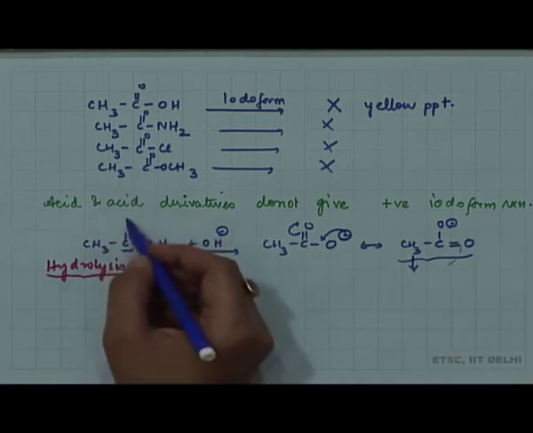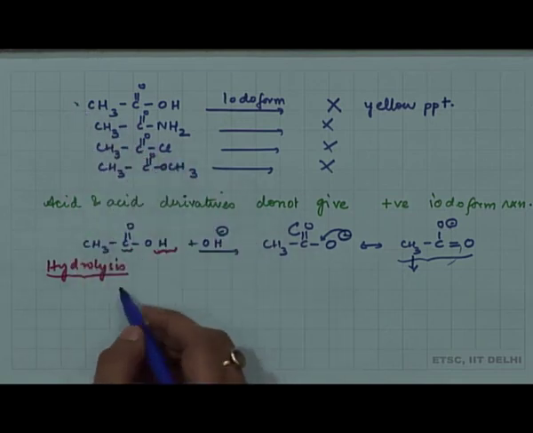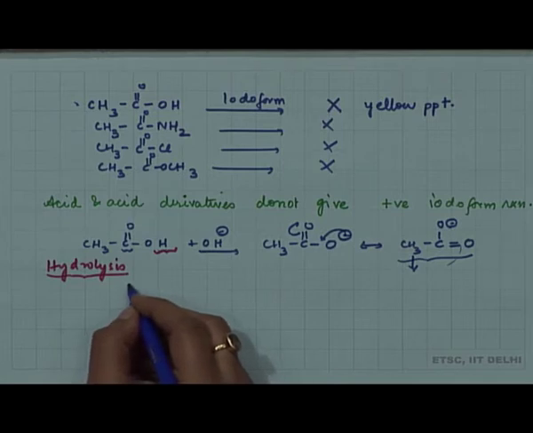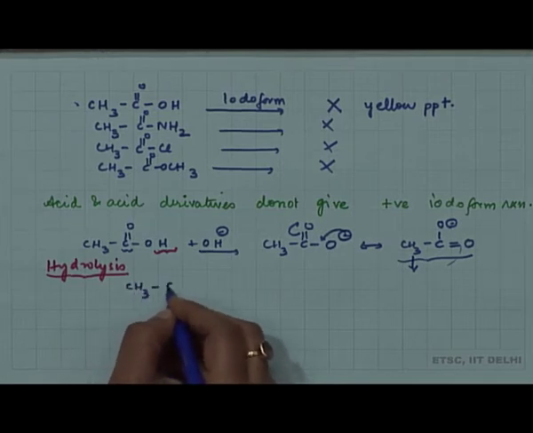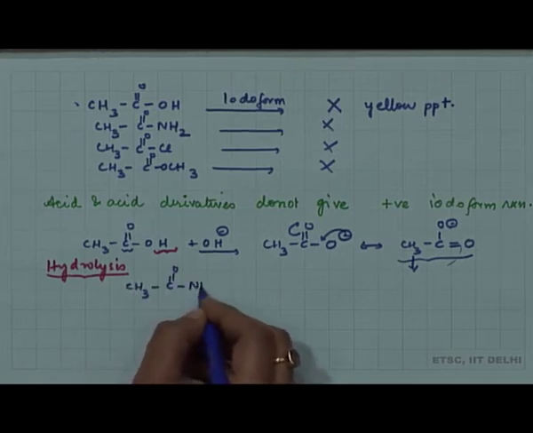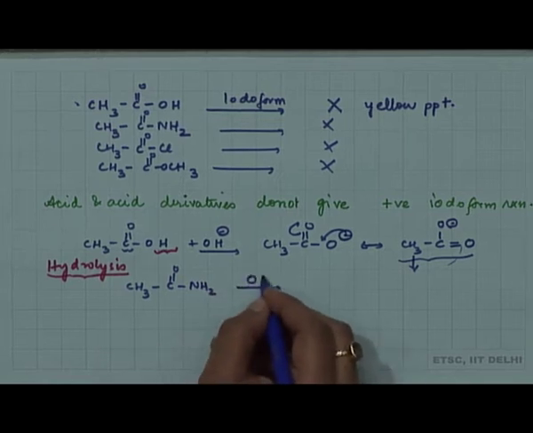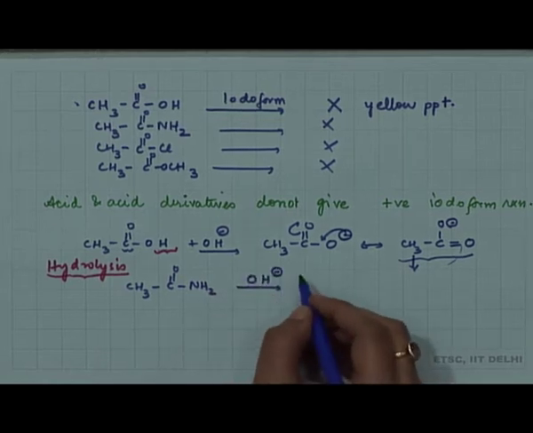So, this is the reason why an acid will not work positively in the iodoform reaction, and on a similar rationale you can imagine why an acetamide will also not work under these conditions.